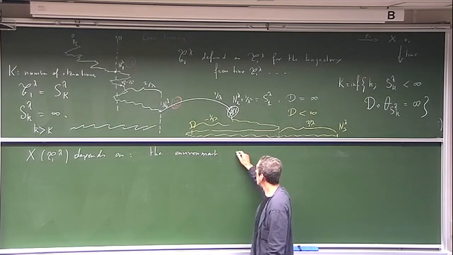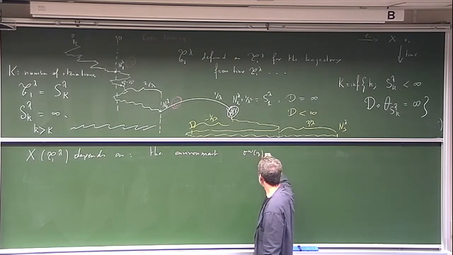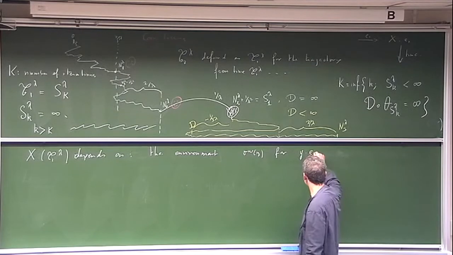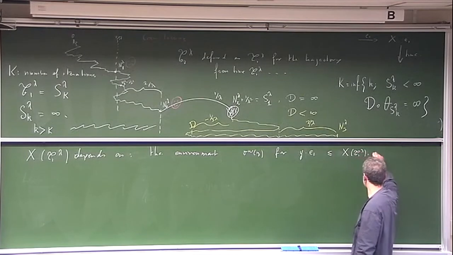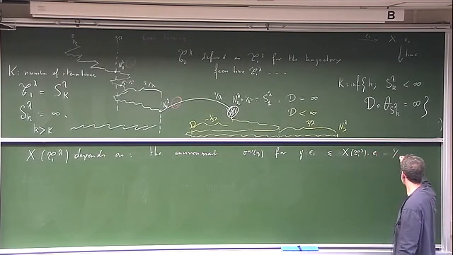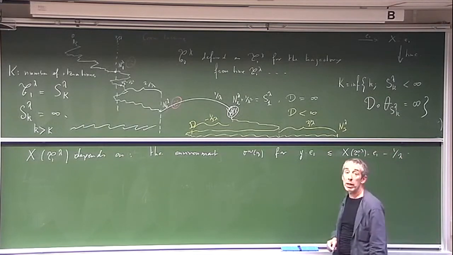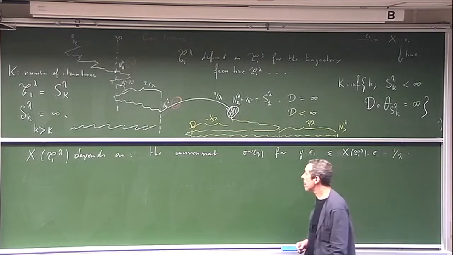That is the environment, so the sigma omega of y's, for points y which in direction e1 are to the left of the current position by at least 1 over lambda. Okay?